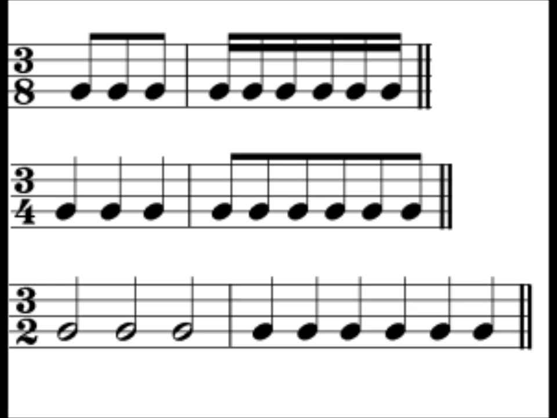The difference is that in 3/8 we have 3 quaver beats per bar, and each quaver is subdivided into 2 semiquavers. In 3/4 there are 3 crotchets per bar, and each crotchet is subdivided into 2 quavers. And finally 3/2 tells us that there are 3 minims per bar, and so each minim is subdivided into 2 crotchets.